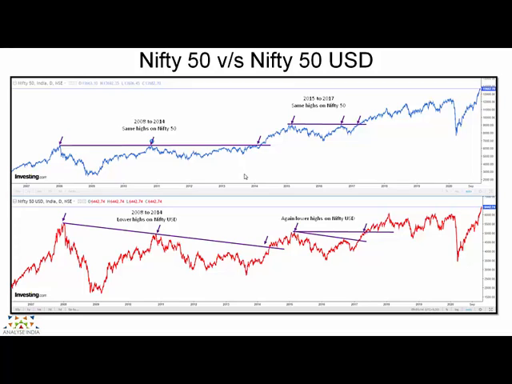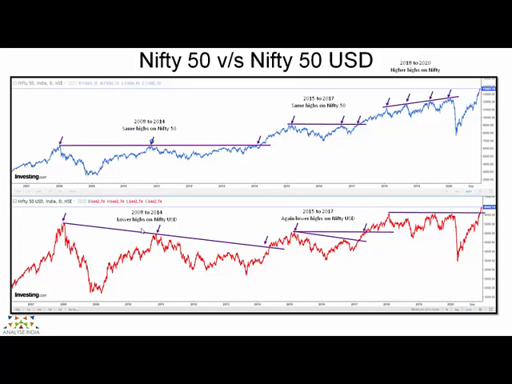I would just focus on the recent period where the Nifty kept on making new highs, but you had almost the same tops on the Nifty 50 in US dollar terms. It is very interesting: from the tops of 2008, we are barely higher by less than 20% in dollar terms.